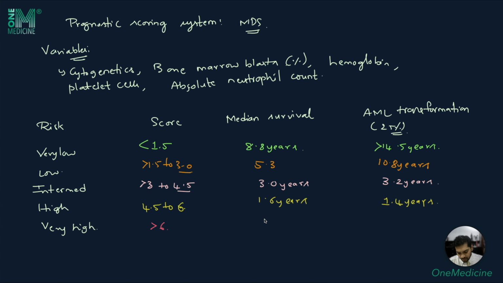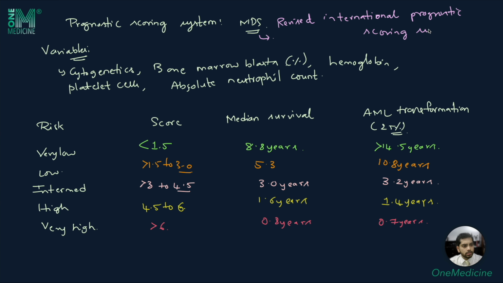This has a median survival of 0.8 years with a 25% conversion to leukemia in 0.7 years. This scoring is known as the Revised International Prognostic Scoring System, or IPSS-R in short.